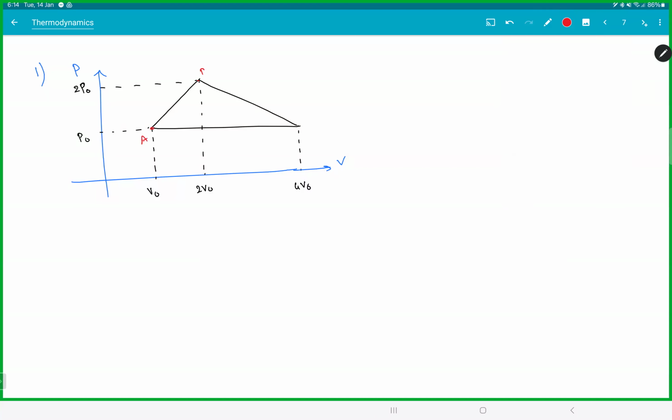This is A, this is B, and this is C. Find work done from A to B, work done from B to C, work done from C to A, and work done in ABCA. ABCA will become a cyclic process.